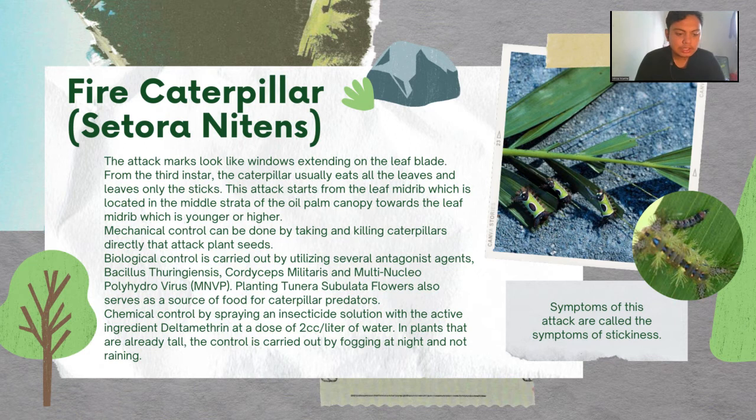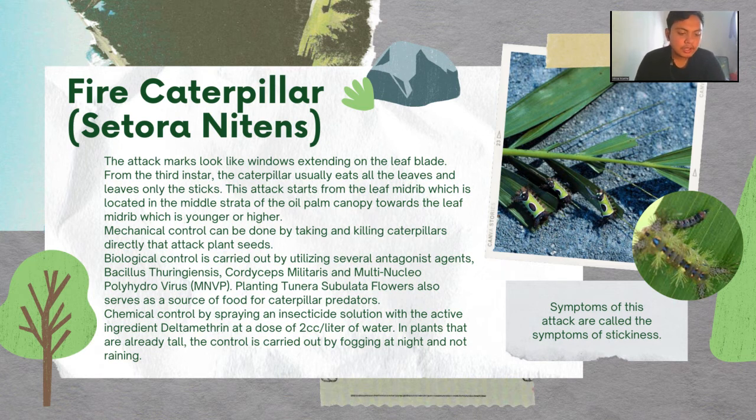Biological control is carried out by utilizing several antagonist agents like Bacillus thuringiensis, Cordyceps militaris, and multinuclear polyhedrovirus. Planting Turnera subulata flowers also serves as a source of food for caterpillar predators.